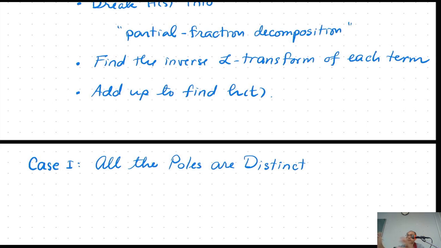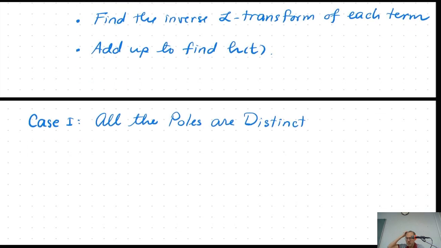All the poles are different. This is a very easy case, probably the easiest case that you can find. Then we can write down the partial fraction decomposition.